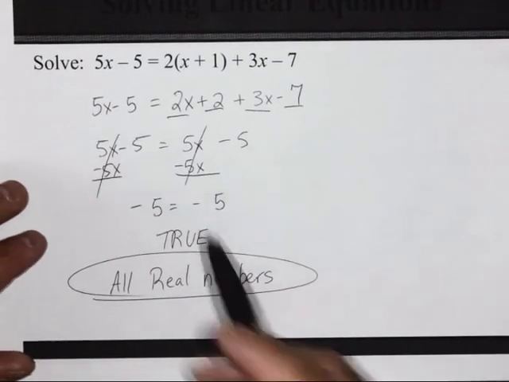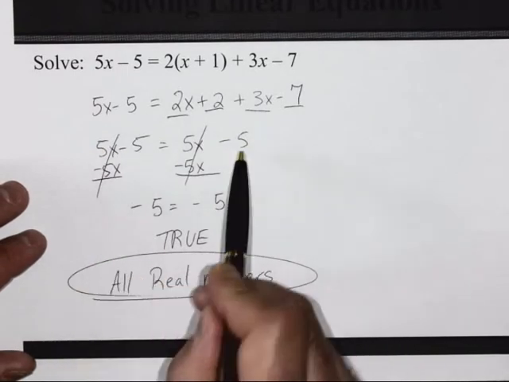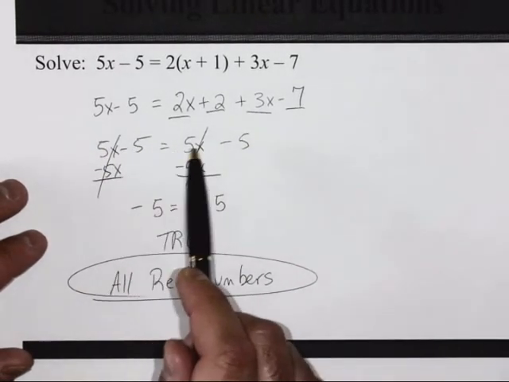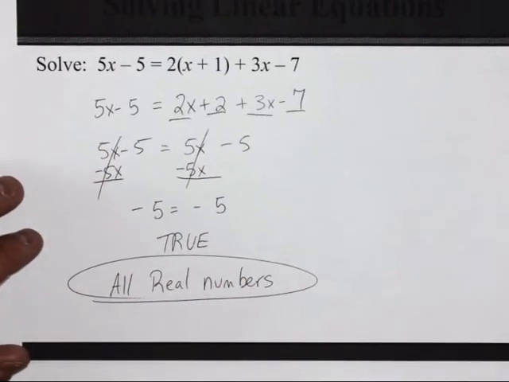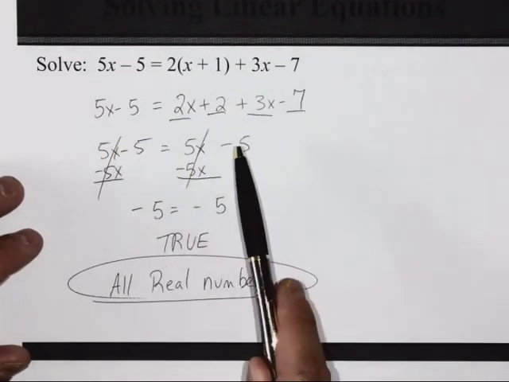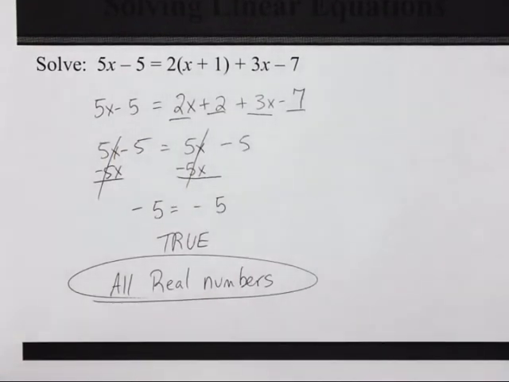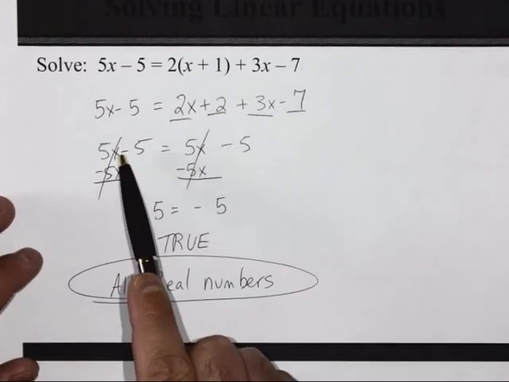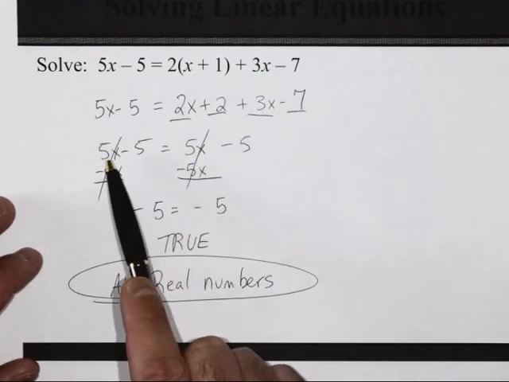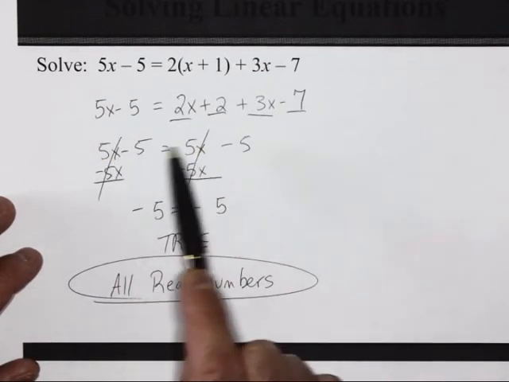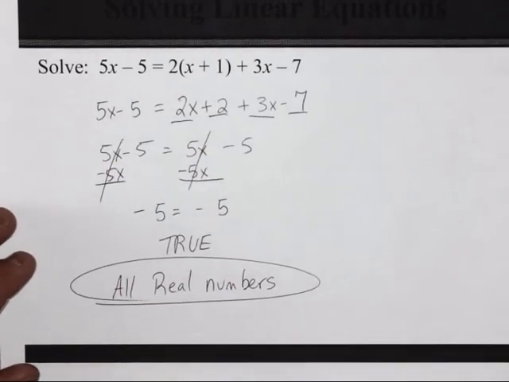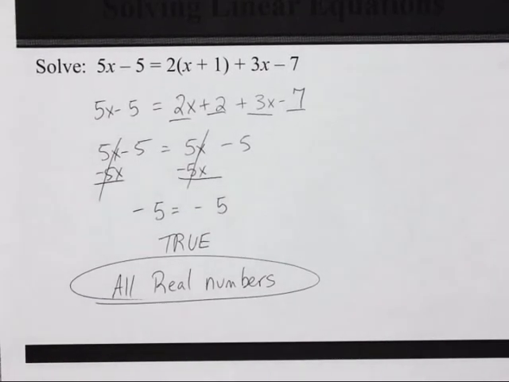And if you look at this part of the equation, it's kind of evident. I've got 5x minus 5 equals 5x minus 5. I have the exact same thing on the left and the right-hand side of that equation. So it doesn't matter what I substitute in here for x. That number is going to be the same in both sides, and I'm destined to get a true statement where the number on the left and the right-hand side of the equal sign are identical.